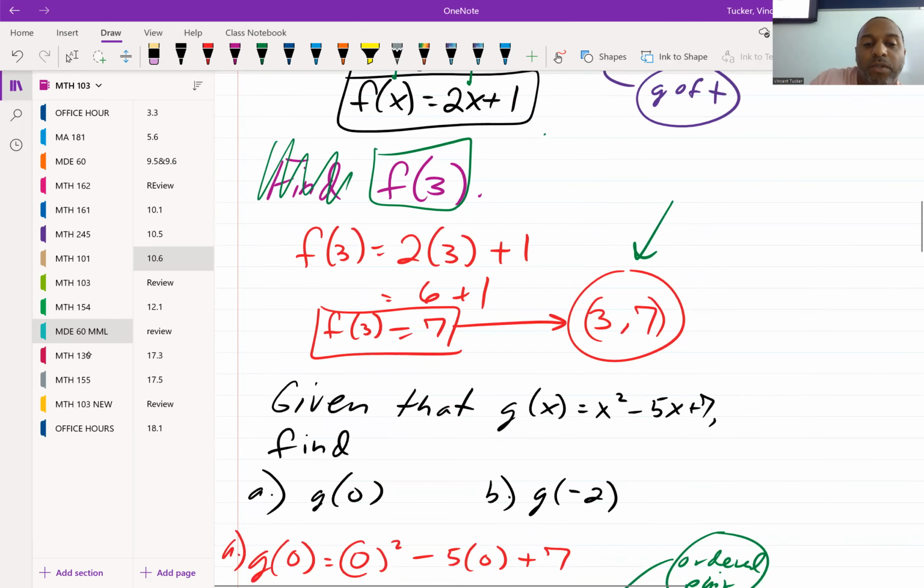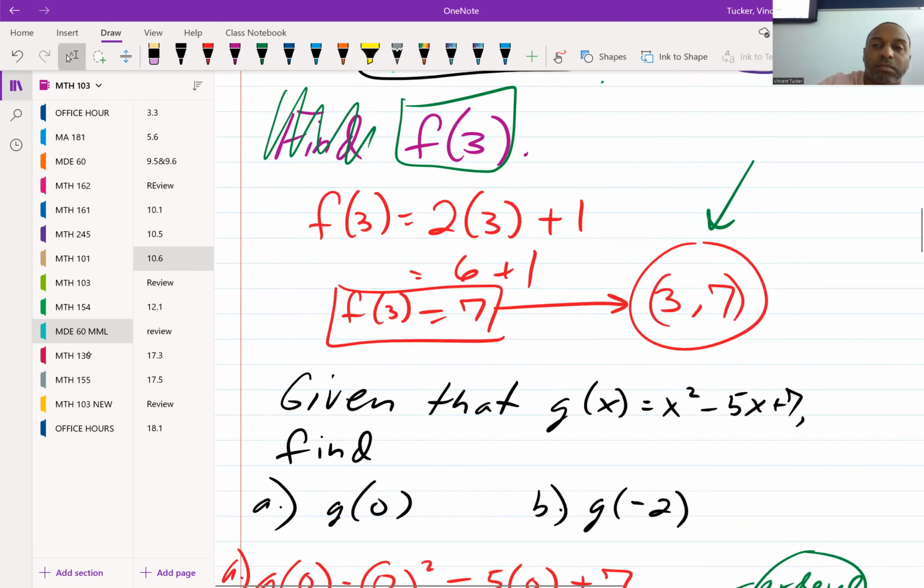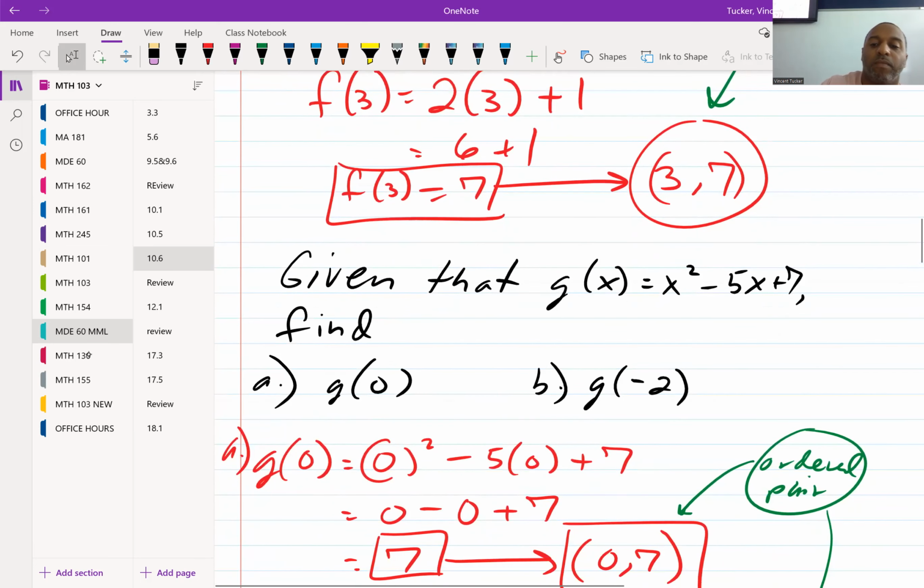All right, so here, given that g of x is equal to x squared minus 5x plus 7, find g of 0, then g of negative 2. So g of x is equal to x squared minus 5x plus 7.